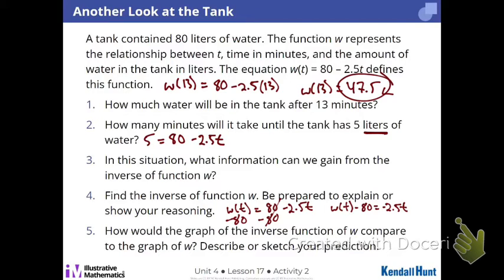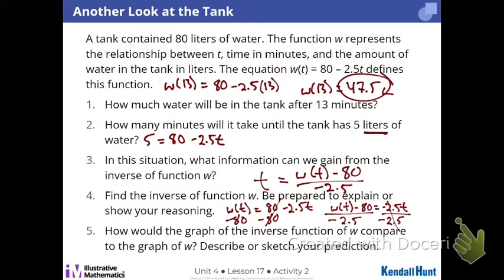So how do I get rid of the negative 2.5? Divide by it, which is exactly what we talked about doing from the function up top. So we got W of t. I'm just going to write the inverse here because I have space. I can get time if I know the output liters: minus 80 divided by negative 2.5.